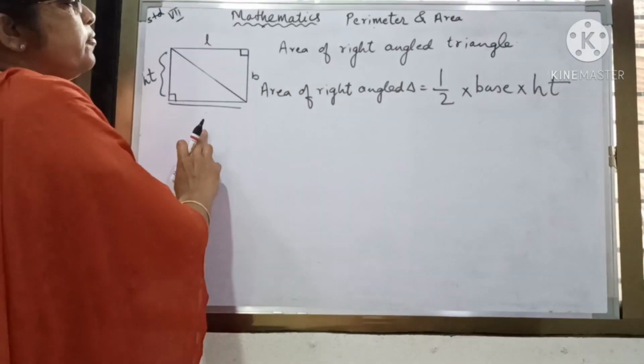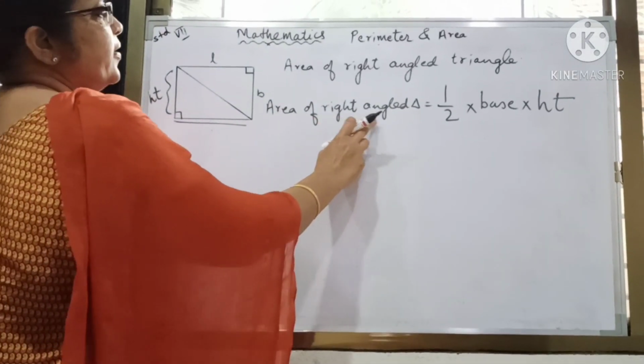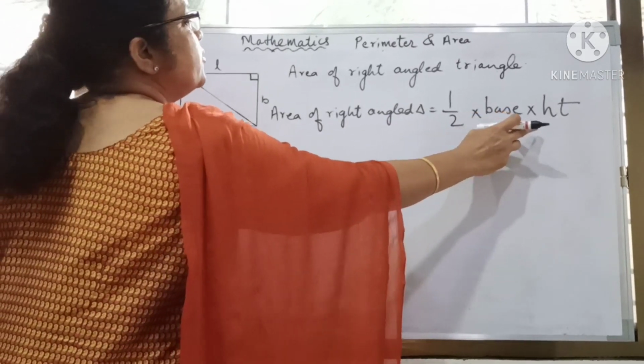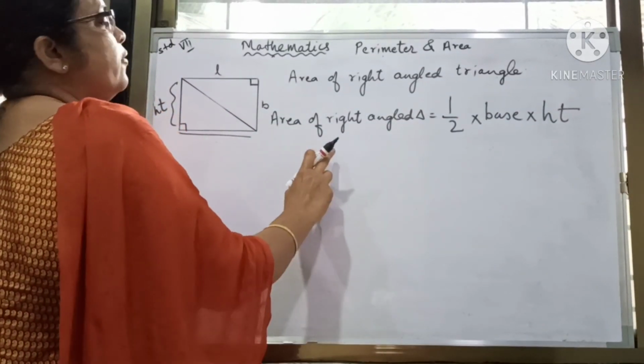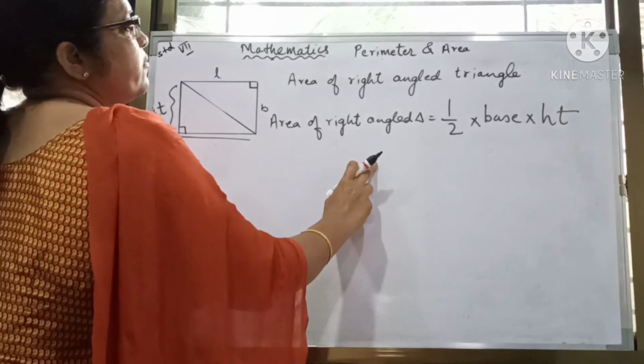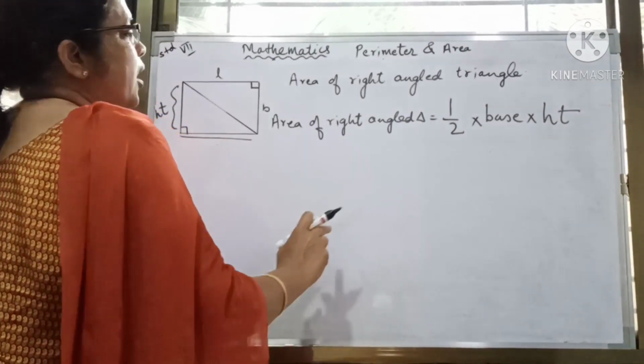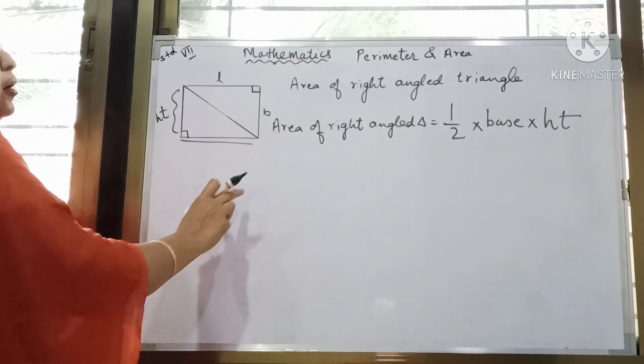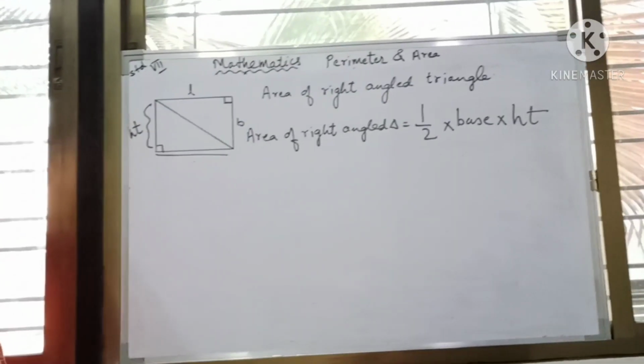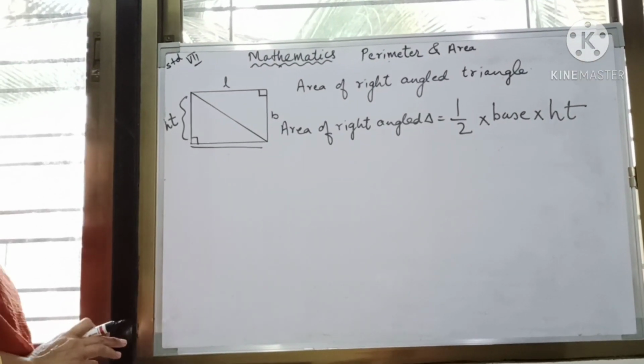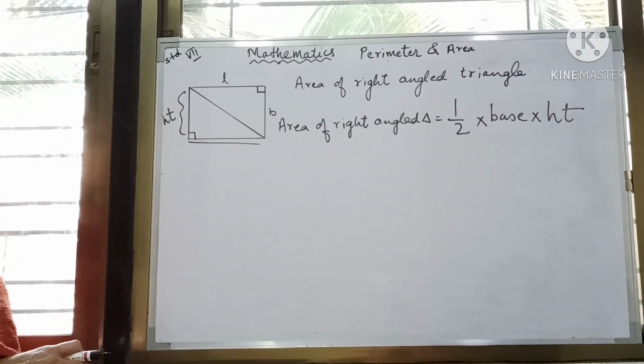So from this we get the formula: area of right angle triangle is equal to half base into height. Area of triangle is equal to half base into height. With this formula, let us solve sums from the exercise. This formula you have to write 20 times in your classwork.